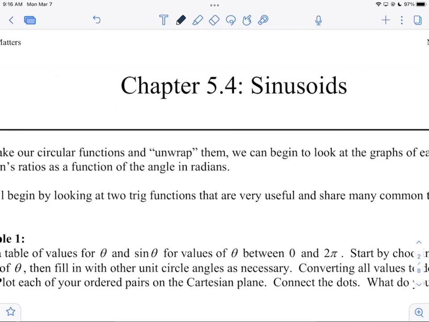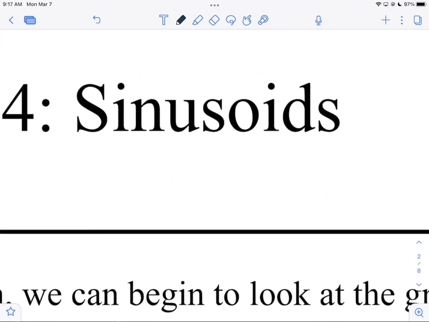So this word here is very interesting, right? You can read it a lot of different ways, like sinusoids. But the way we read this is with a long U, sinusoids, and a long I, sinusoids. And these are going to end up being the graphs of, guess which trig functions.